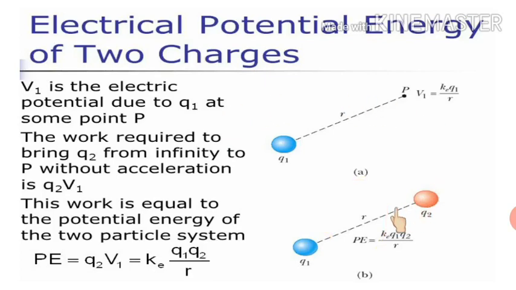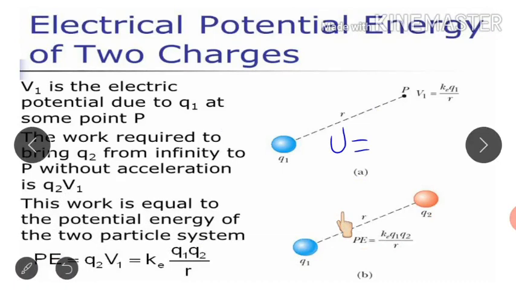So directly, very easily we can write that the potential energy U of this system which has two charges Q1 and Q2 will be V1 into Q2. So what is V1 over here? V1 is the potential at this point due to this charge which was already there, into the charge which is brought from infinity to this point. So this is how easily we can write the electrostatic potential energy of a system of two charges. I hope this thing is clear.